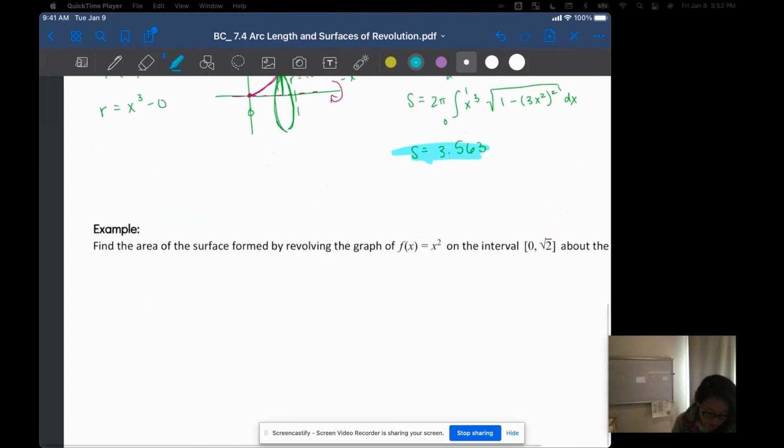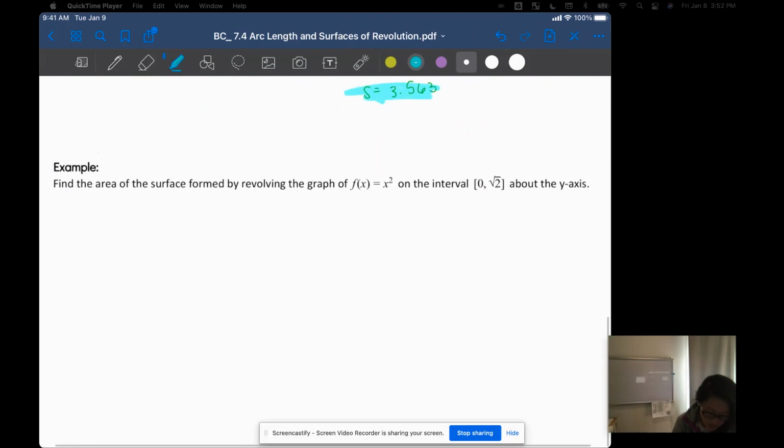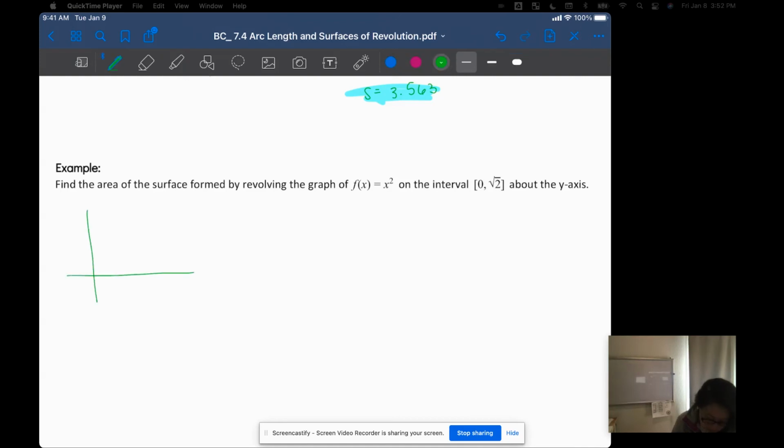All right, so we're going to find the last one. We're going to find the surface area formed by revolving the graph of x squared on the interval 0 to root 2 about the y-axis. So I like to sketch these. So from 0 to square root 2. I know at 0, y is 0 for x squared.